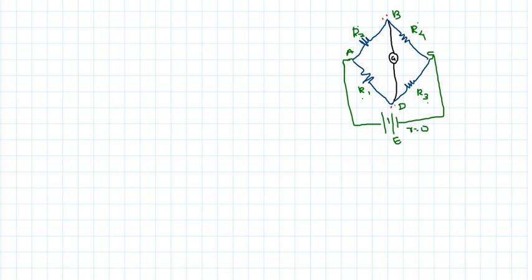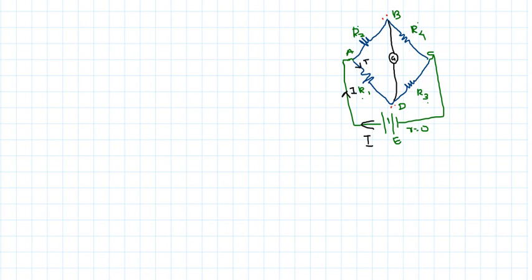Now we'll put some current directions here. This cell gives out a current of I, and it will split as I1 and I2 across R1 and R2.